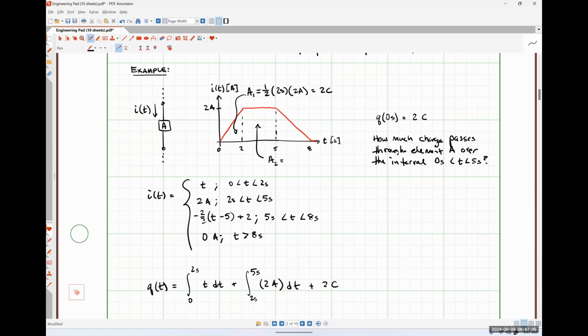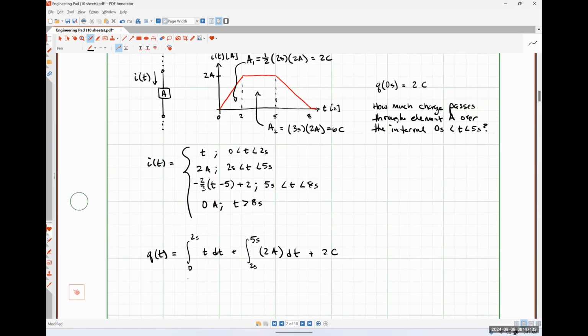Now for the hard part. How do I find the area of a rectangle? I can't help but notice that none of you have told me. Just the base times the height, right? So our base in this case is 5 seconds minus 2 seconds, or 3 seconds. Our height is 2 amperes, so I think this comes out to be 6 coulombs.